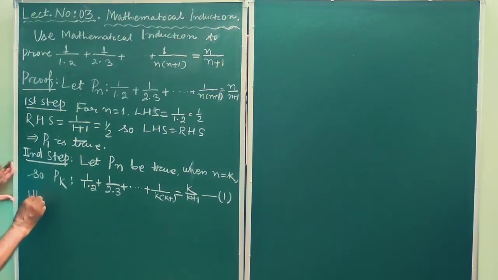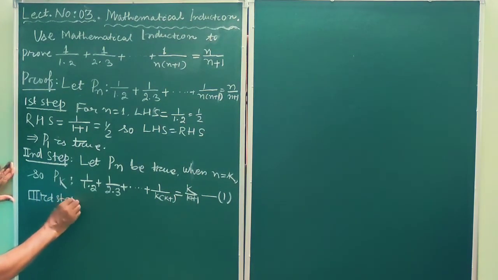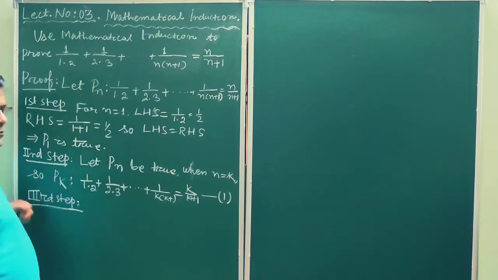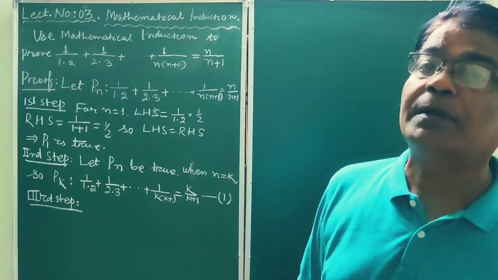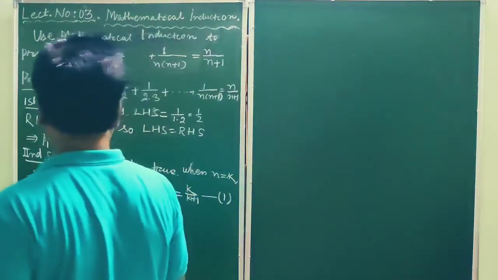Third step. In this step, we have to prove Pk plus 1 is true whenever Pk is true.